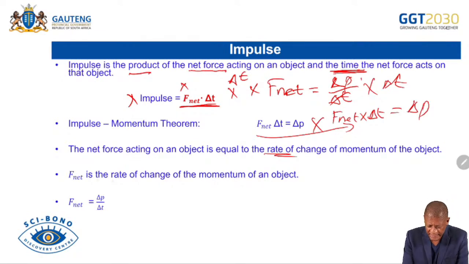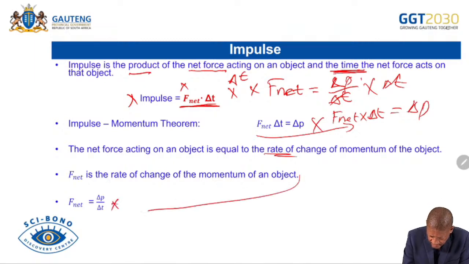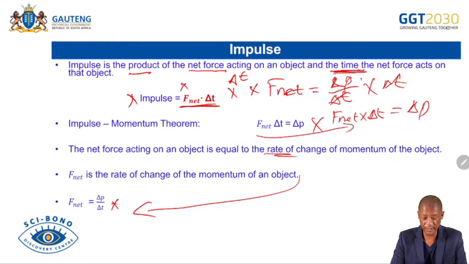Now, net force is the rate of change of momentum, all right? We said net force is the rate of change in momentum of an object. And we know this comes from Newton's second law in terms of momentum, right?